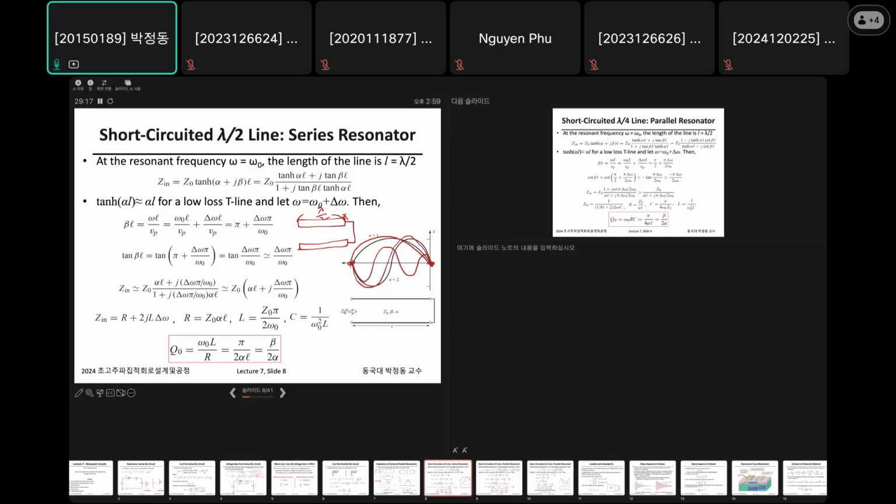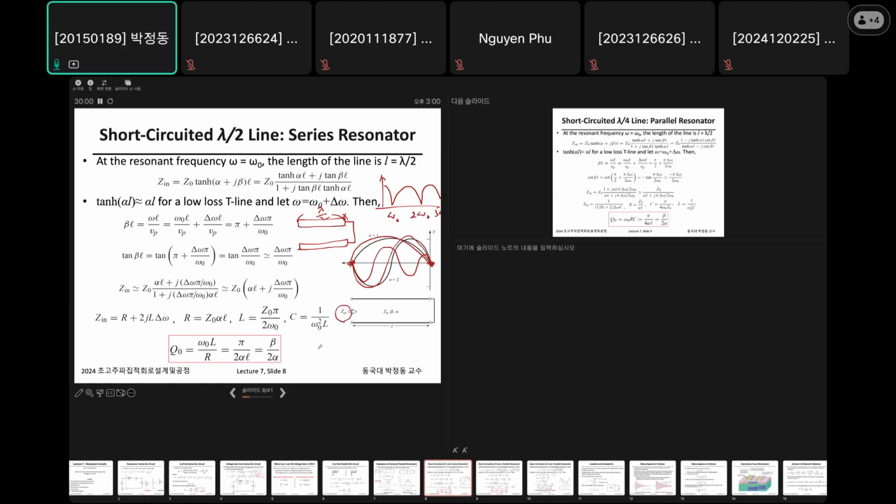Therefore, for the series resonant network, let's say this is omega 0, and this is 2 omega 0, 3 omega 0, and so on. It is repeating. So let's calculate the input impedance using the well-known equation.